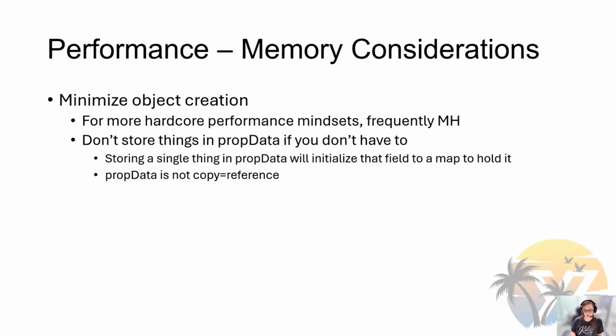So if you put a single integer into that map, it is going to be initialized, and that is 200,000 more objects that now need to be kept track of. So if you are absolutely trying to find every single corner that you can cut in order to avoid object creation, just don't even use the prop data field. Instead, put things in fields, make PropDefs that point to those fields, and then make those fields copy reference.